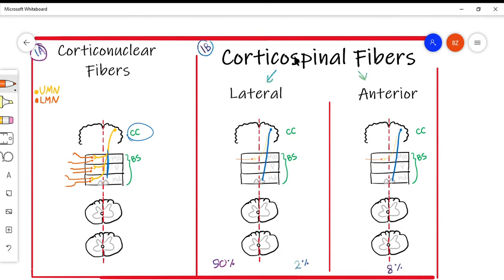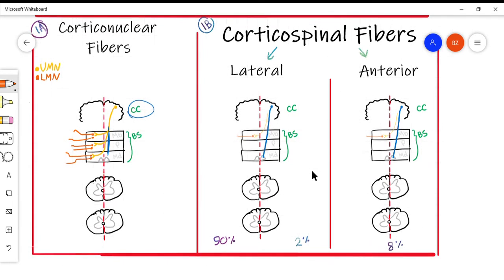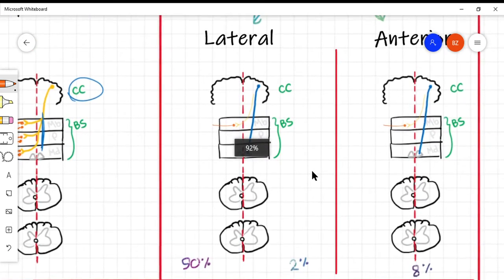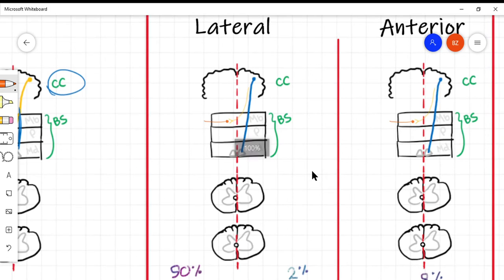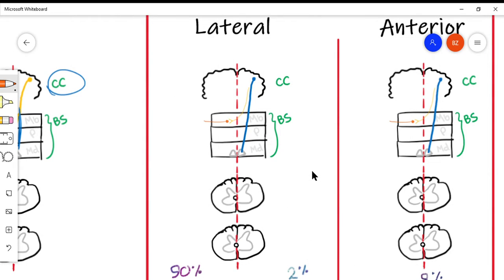So corticospinal fibers are fibers that go from the cortex to the spinal cord. Some of them are found laterally in the spinal cord, and some of them are found anteriorly. So let's see what the difference is, and let's zoom into the lateral corticospinal tract. Now I left these two fibers just as a reminder of what we explained in the last video about the corticonuclear fibers, and I drew this in blue as a reminder.